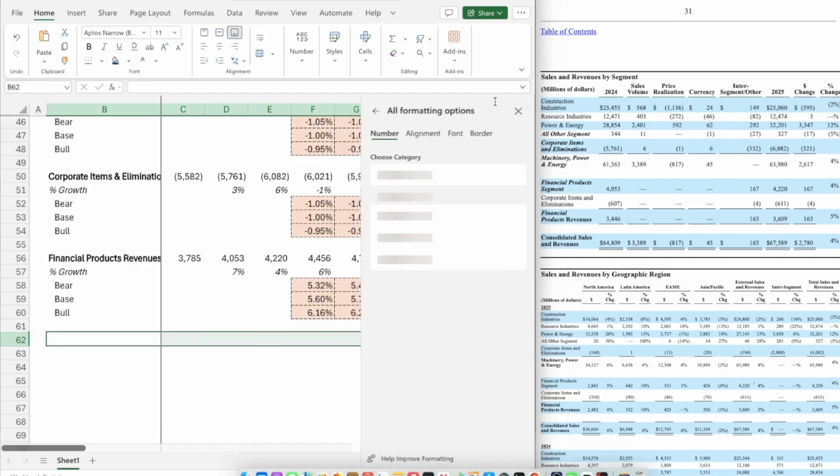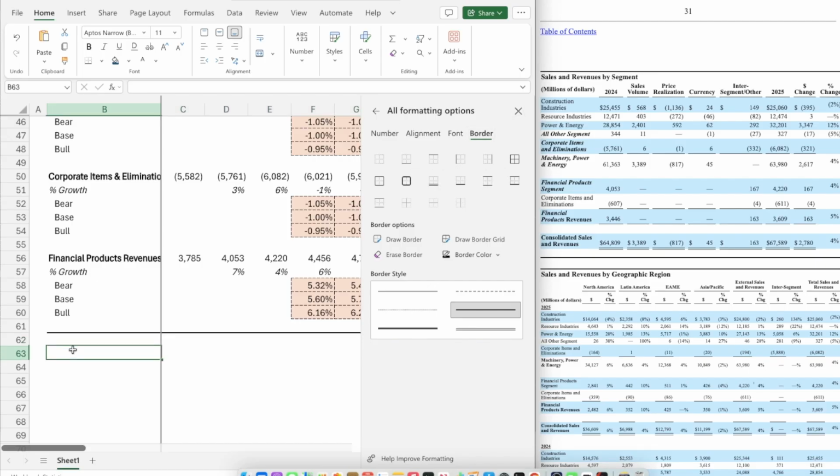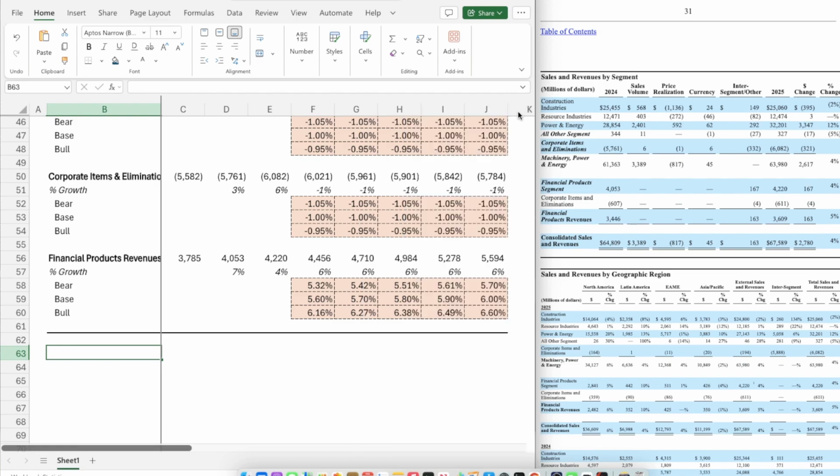So we can now do the total sum. Total revenue.